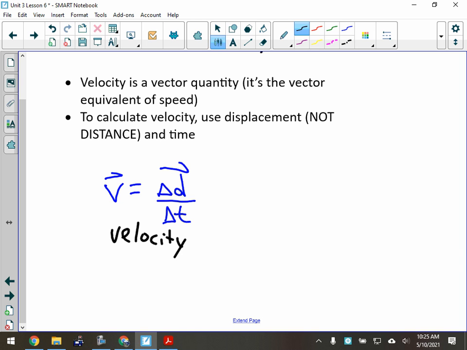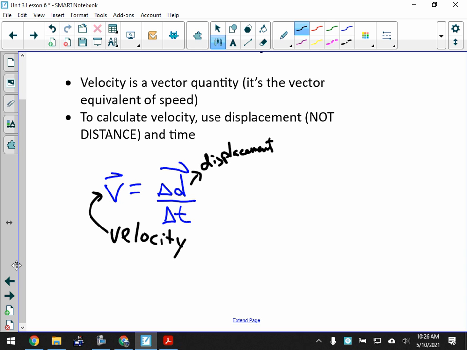This is the velocity, this is the time, and this is the displacement. So this is going to be similar, yet a little different than speed.